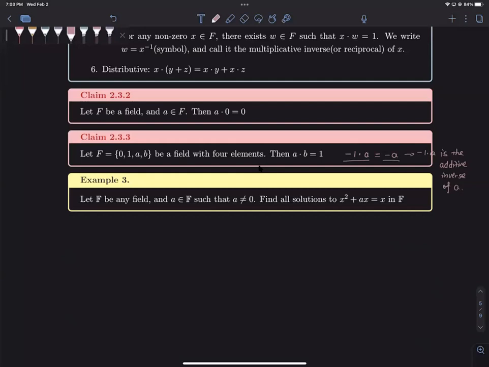It's more like the additive inverse of 1. So it's not really necessarily -1. It could be 1 itself as well. So sometimes 1 equals -1. Okay.